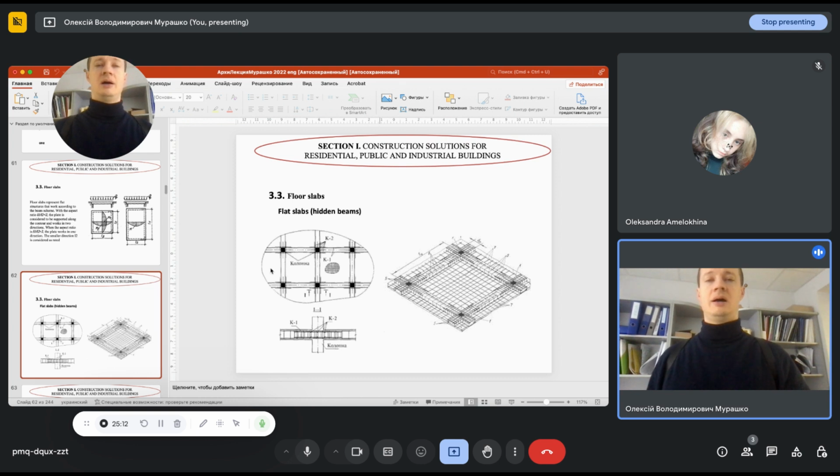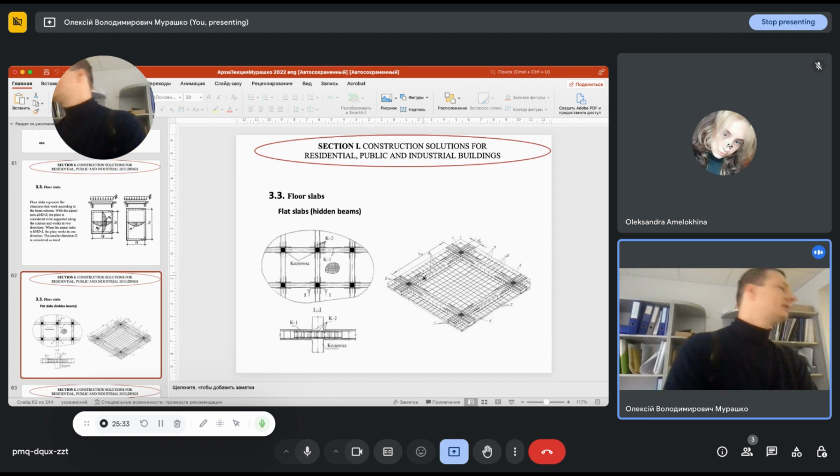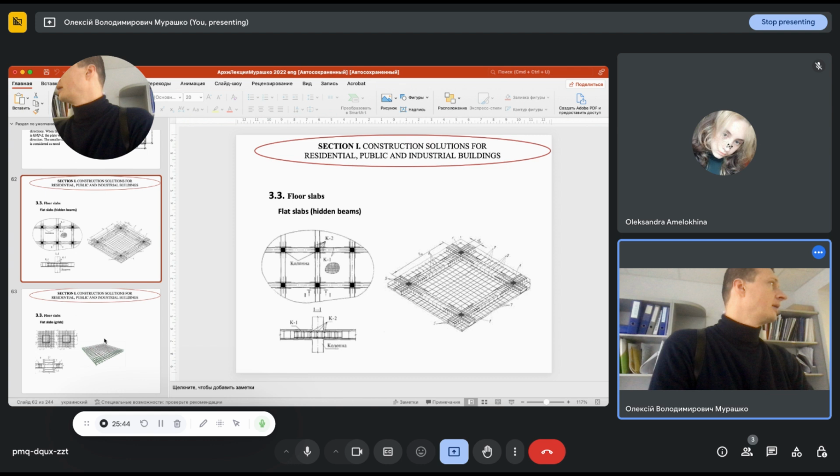It can be defined as the flat slab with hidden beams, because physically we cannot see those beams in such slabs, because the slab is flat, but reinforcement of this slab is performed in such a way that it is hidden from our eyes, but internally the reinforcement is located in such a way that it behaves like a frame structural scheme with crosswise arranged beams.